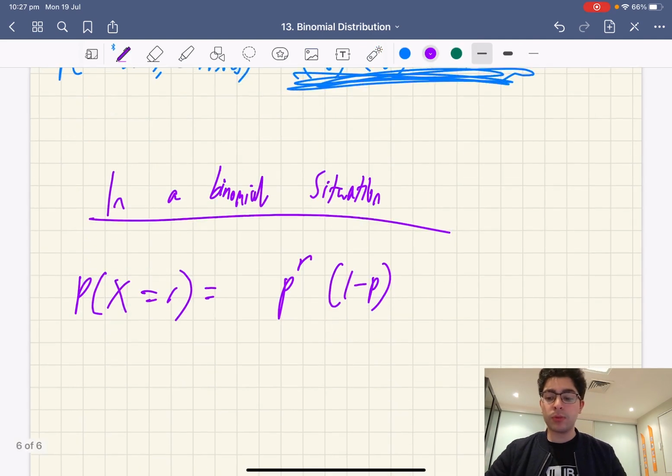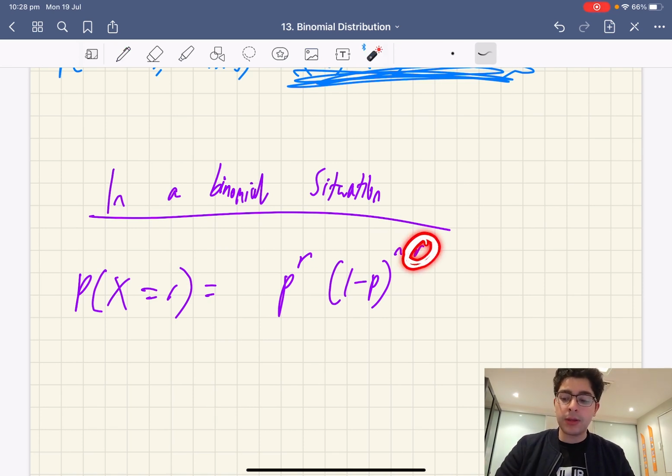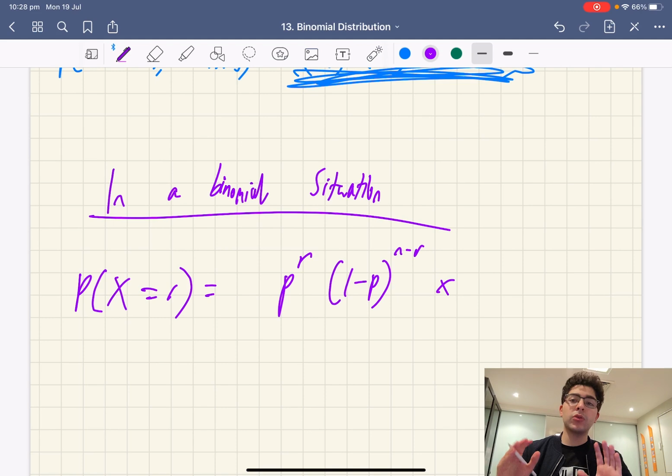So the amount of failures would be the probability of any single failure to the power of n minus r, because n is the total amount, r is the amount of successes that happen, so the number of failures has to be the total minus the number of successes. And then all of that's going to be multiplied by the combinations that can occur.